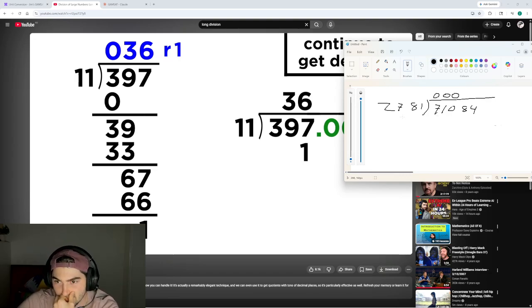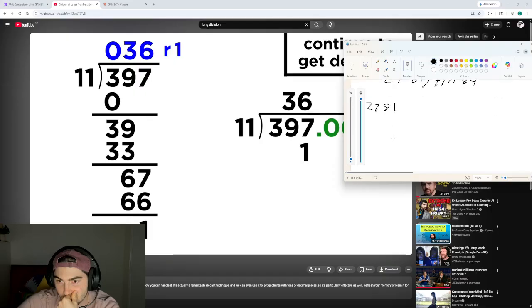Or just do the working out on paper. You can do that, 2781 over 2. You know how to do that, right? You did the multiplication thing, where you draw the line, you put the 2 down the bottom, and then you do the working out.